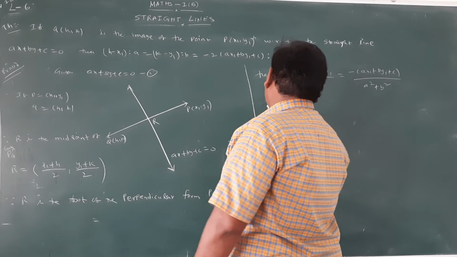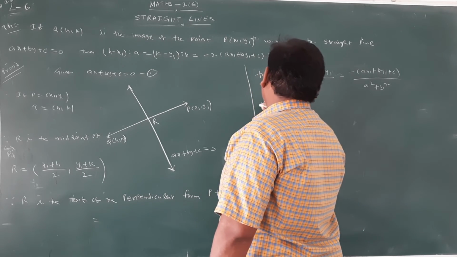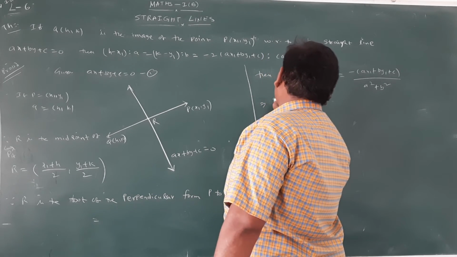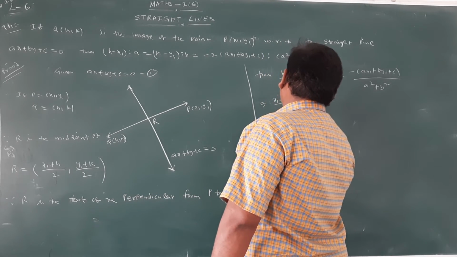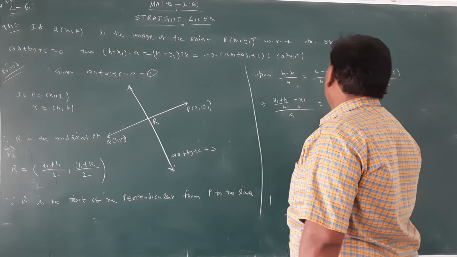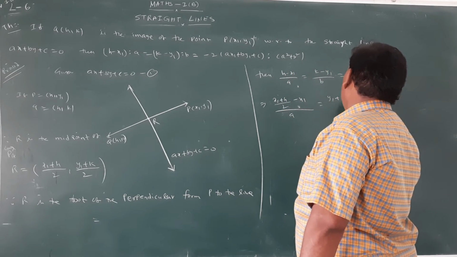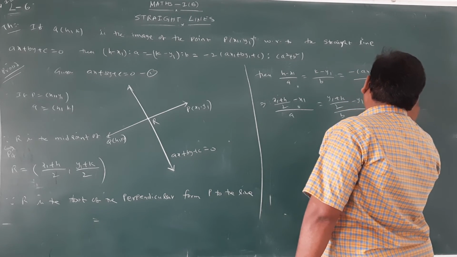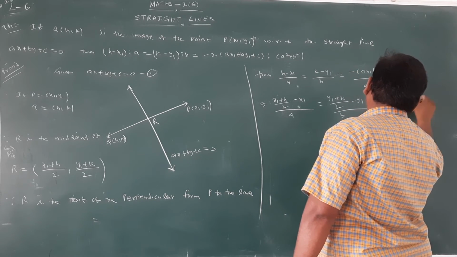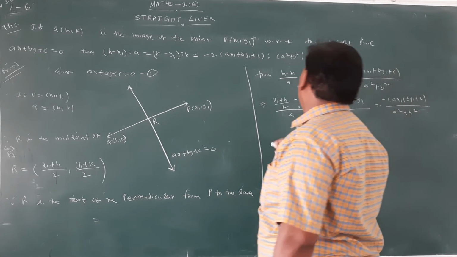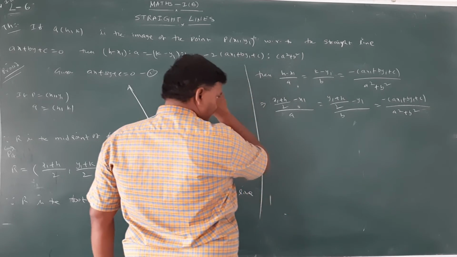Which implies, what is the h value? ((x1 + h)/2 − x1)/a = what is the k value? ((y1 + k)/2 − y1)/b = −(ax1 + by1 + c)/(a² + b²).